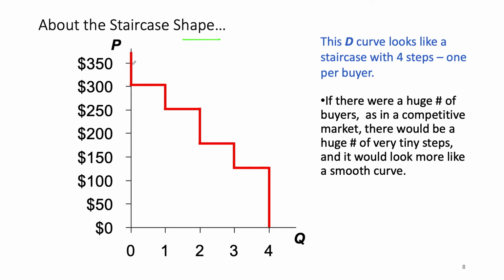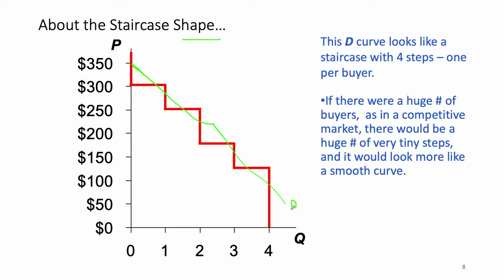For each buyer, the size of the staircase gets minuscule. It still looks like a step function, but each step is going to be very small. In general, if you have a lot of buyers in this market, I can't draw this, then the demand curve will look like a smooth curve. You will be able to generate a smooth curve out of it.